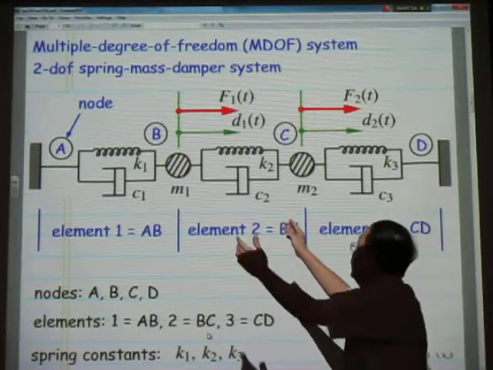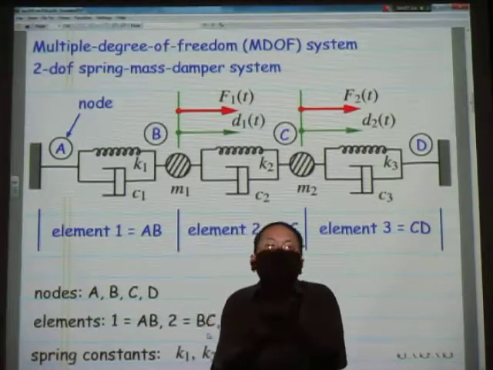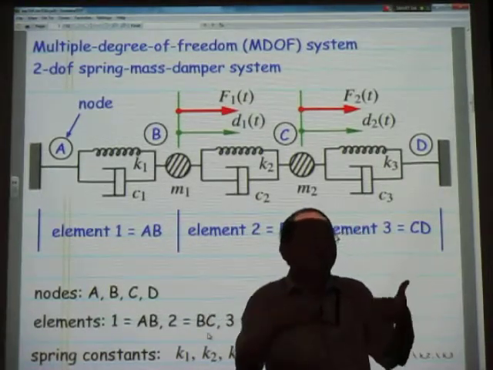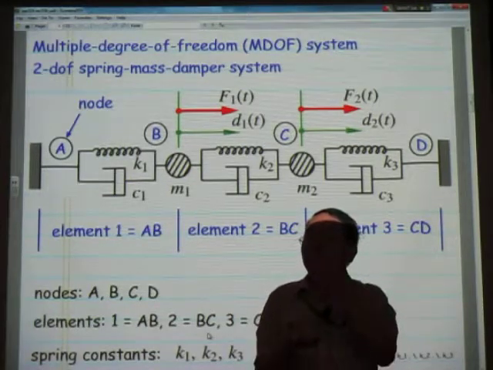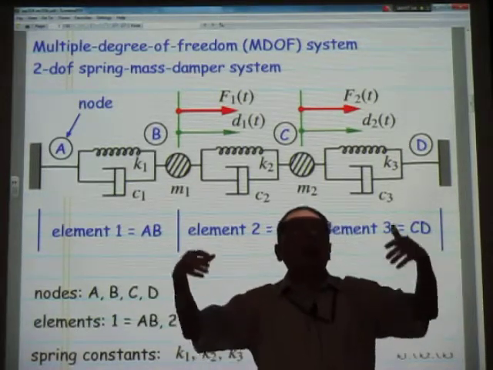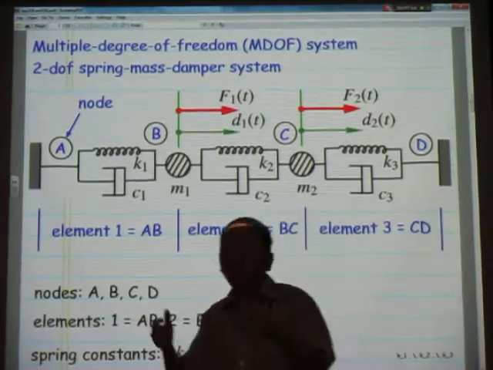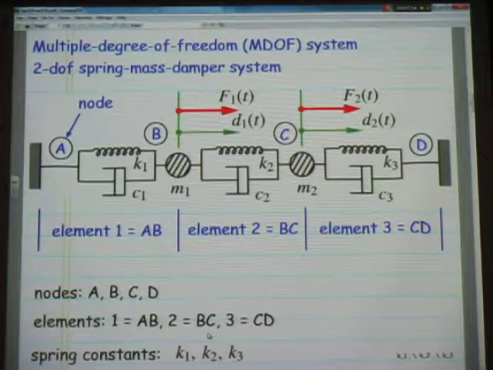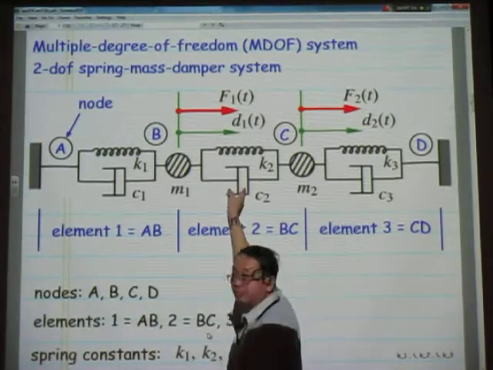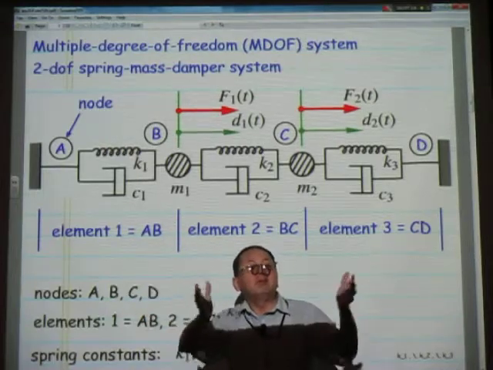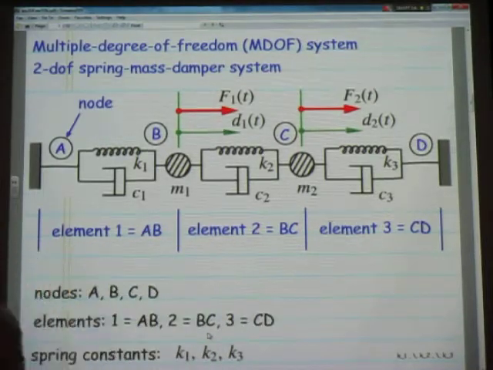Here we take three elements because we want to simplify the problem so that you learn the method of solution. But the same method of solution is applicable even when you have hundreds, thousands, millions of elements or degrees of freedom. Another thing is that I was talking about the spring constant, but you can also have damping in each element. So this model here provides you also damping.